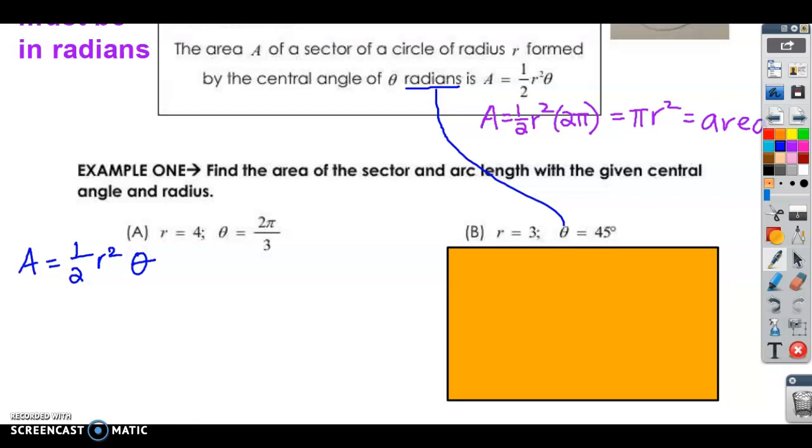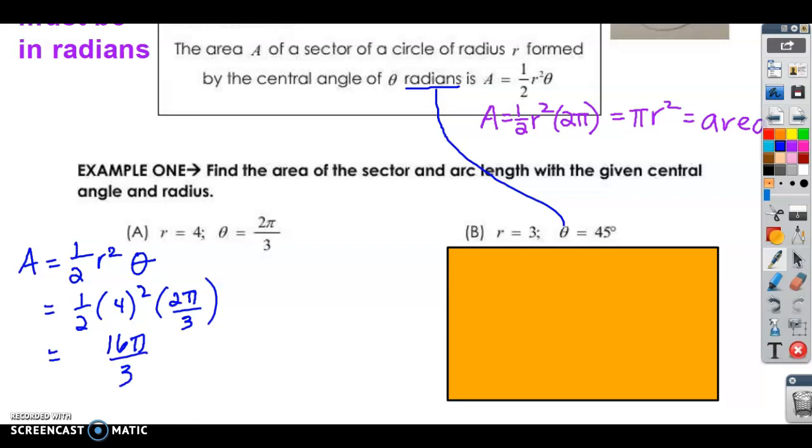So I'm going to plug in my 1/2, my radius, and my theta. Okay, so 4 squared is 16. Half of 16 is going to be 8. 8 times 2 is 16, so that's 16 pi over 3.